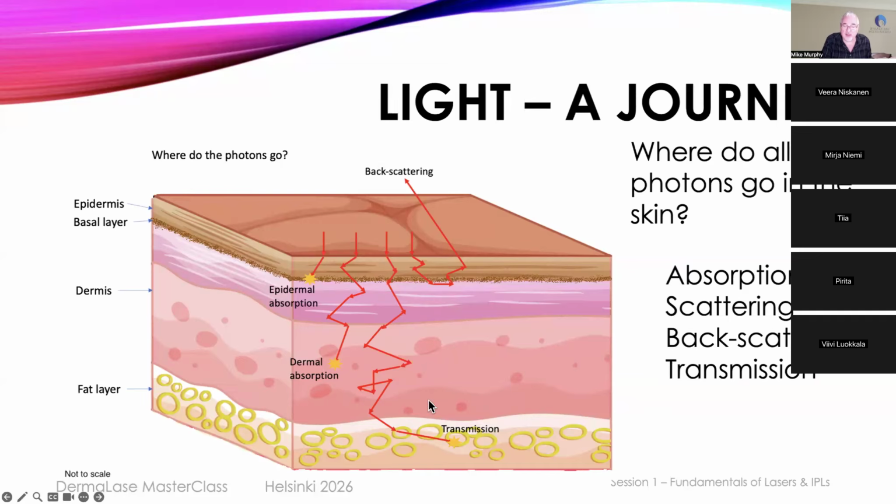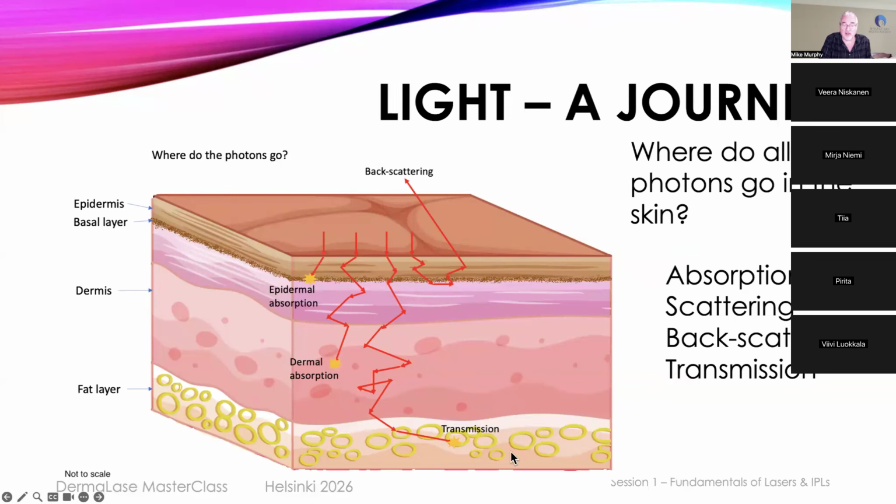Or it may be transmitted into deeper layers, into the subcutis, or even potentially into muscle tissue if it gets through the subcutis. Now, interestingly, I'm doing some work on this at the moment on that computer over there, looking at where all the light goes.